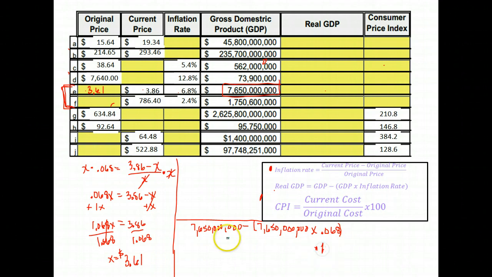And when we do that, we get 7,650,000,000 minus 520 million, 200,000. And we just subtract those.